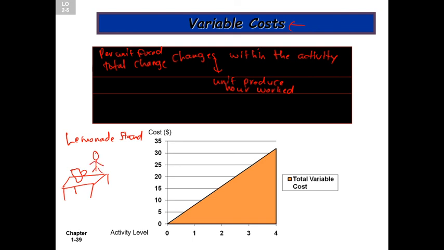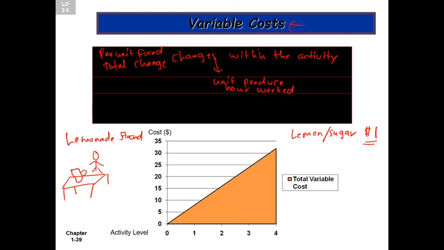In order to produce lemonade, of course we have a cost, which we calculate within each unit of the product. Let's say to make a lemonade, we need lemon and sugar, which can cost you $1 for each cup. Per unit is fixed because we already know.